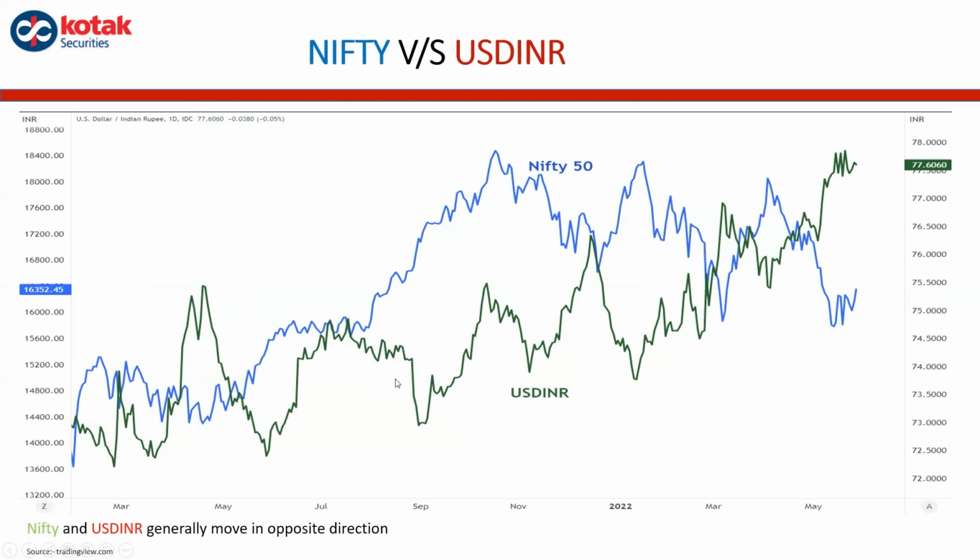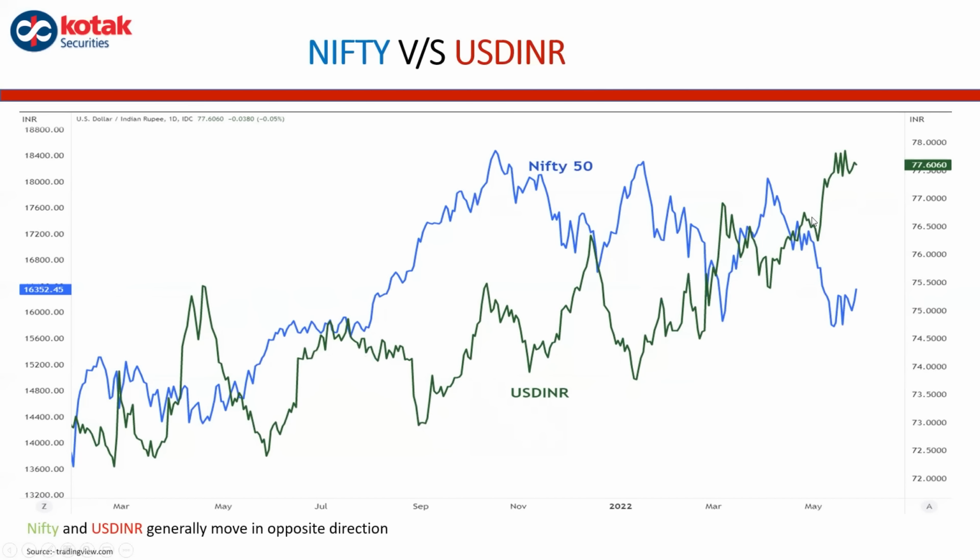During that time, we will see some pressure on the dollar. So that is why, especially in this phase or towards the end of the chart, you can see that as the Nifty moves higher, the dollar rupee actually goes down, or the dollar rupee pair moves lower. So the INR or the Indian rupee appreciates against the dollar.